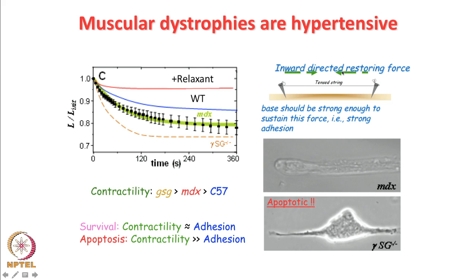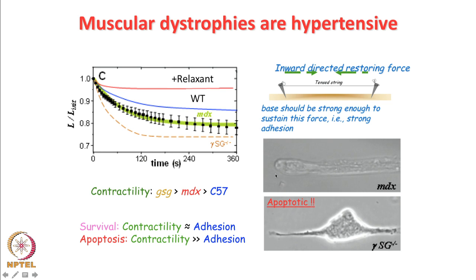To estimate this, imagine you take a reagent which cleaves the string at one of these adhesions. If it was under tension, it would relax, and this is what this quantification shows. What it tracks is the length. Imagine you come down with a pipette and peel the cell from one end. By peeling, you are disrupting the adhesions holding the cell at one end, causing a localized imbalance of forces, because of which, if there was tension in the system, it should relax.